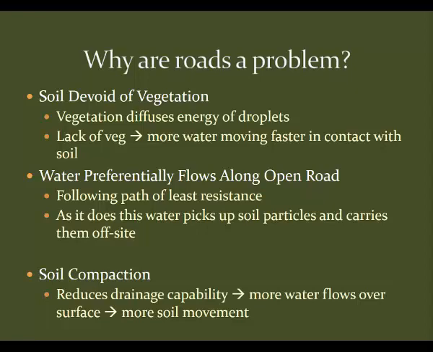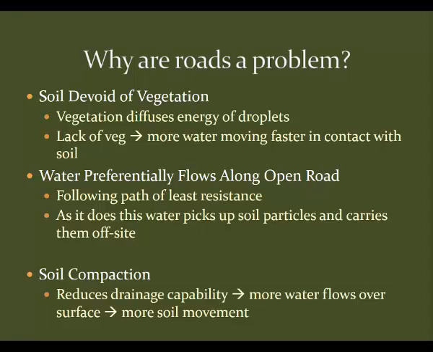It's going to pick up speed and pick up more and more soil particles as it moves and continue to carry them off site. So we'll talk in a minute about how anything we can do to get the rainwater off the road, rather than allowing it to continue to move along the road, is going to help us slow erosion rates.